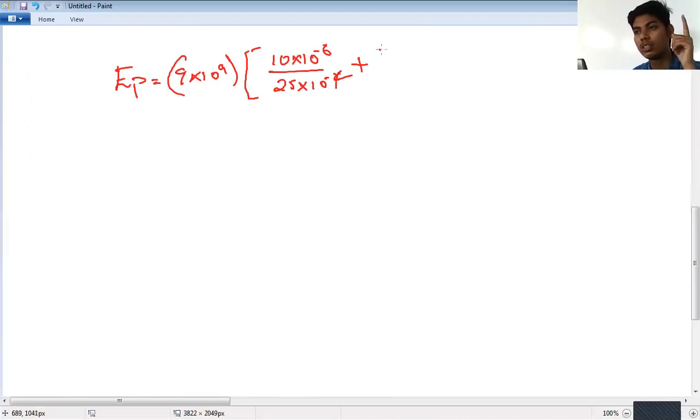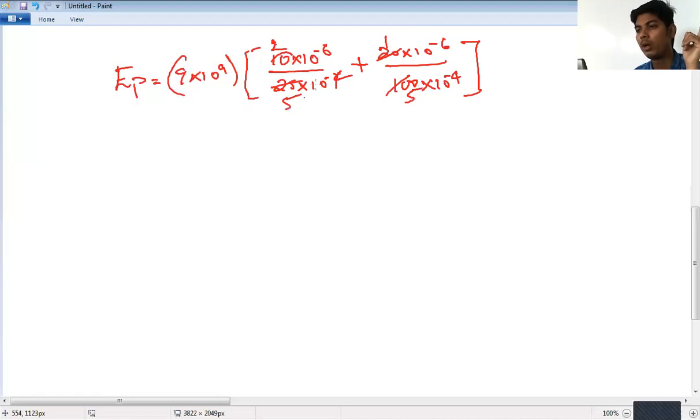Plus charge at B was 20 microcoulomb divided by the distance between QB and point P, which was 5 plus 5, 10 centimeters, so it will be 100 into 10 to the power of minus 4. So then 5 2s are 10, 5 5s are 25, 2 by 5 plus 1 by 5 is 3 by 5. 3 9s are 27 divided by 5 into 10 to the power of 9. This will be 10 power minus 2.